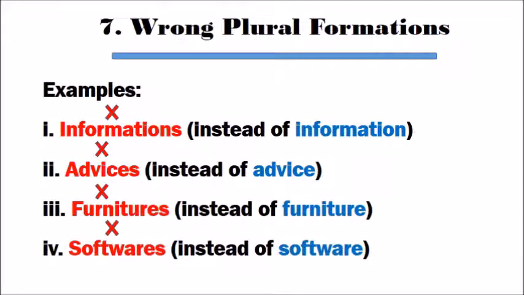Another set of errors comes in form of wrong plural formations. This is a case when we deal with countable and uncountable nouns, things called count and non-count nouns. Now, an uncountable noun is a noun that does not have a singular or plural form as it exists.